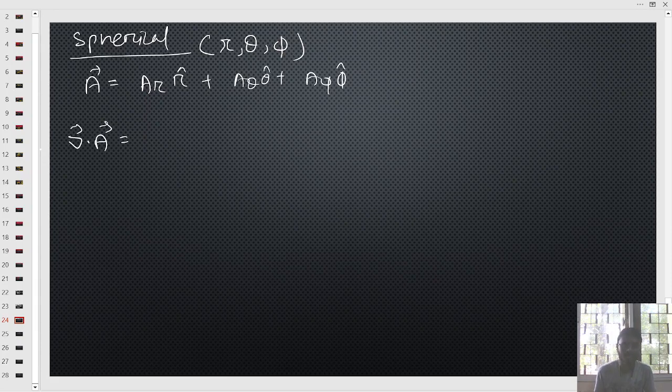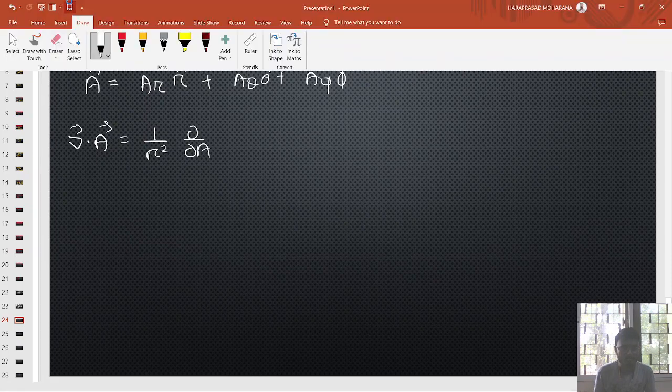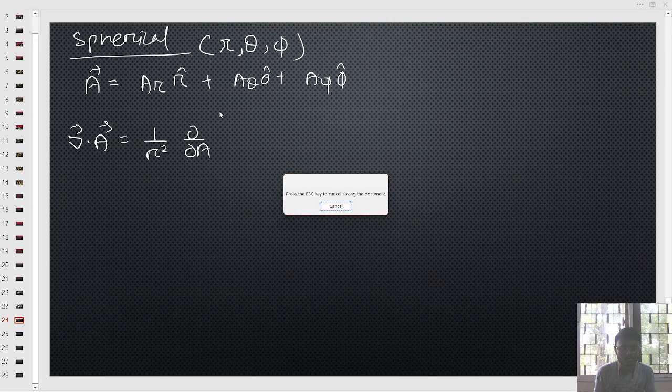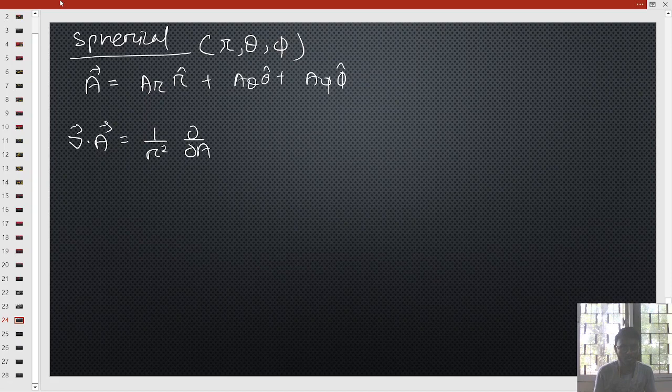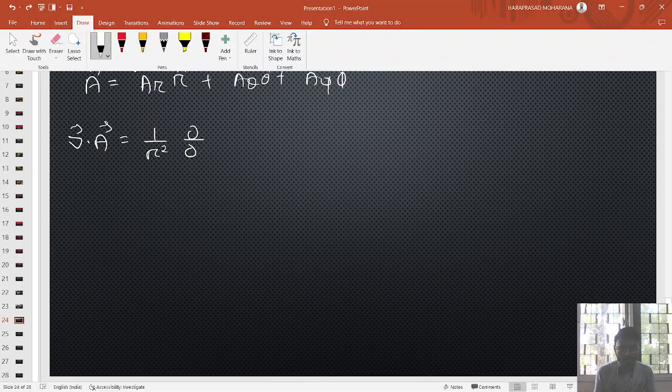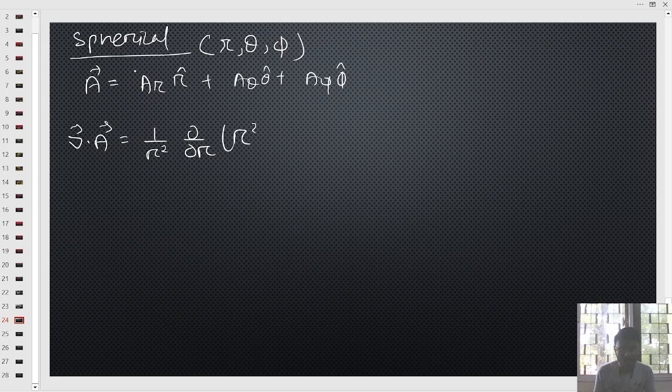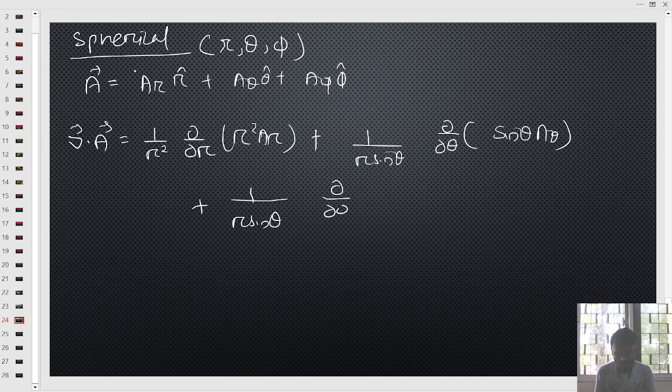Divergence of a vector in spherical coordinates is 1 upon r square del upon del r of r square ar, plus 1 upon r sin theta del upon del theta of sin theta a theta, plus 1 upon r sin theta del a phi upon del phi. You just have to memorize it.